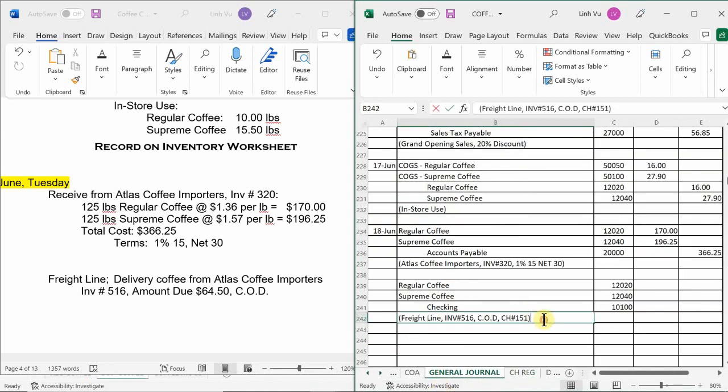Okay. Now, if my freight was for $64.50, how much is going to go to my regular coffee and how much is going to go to my Supreme coffee?